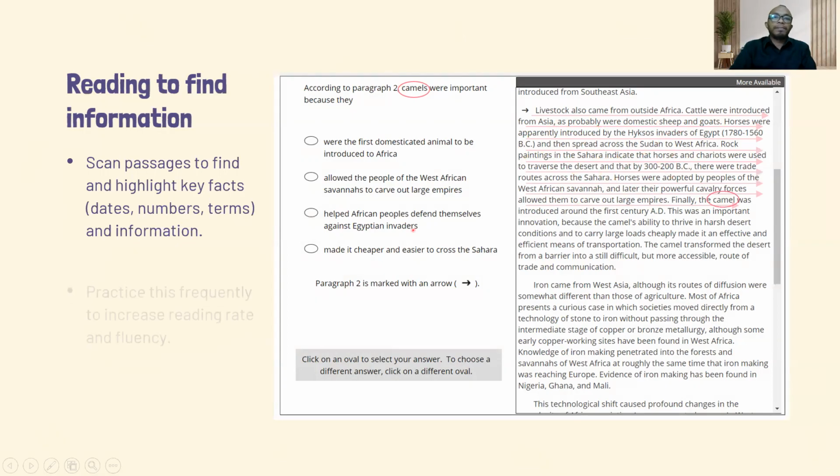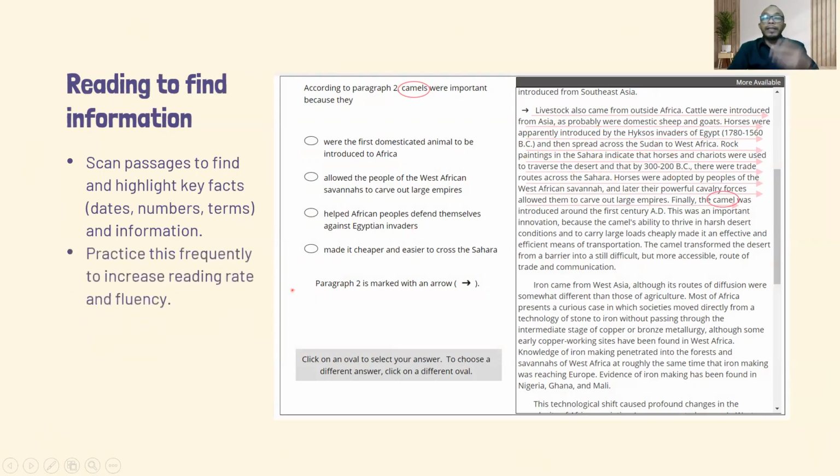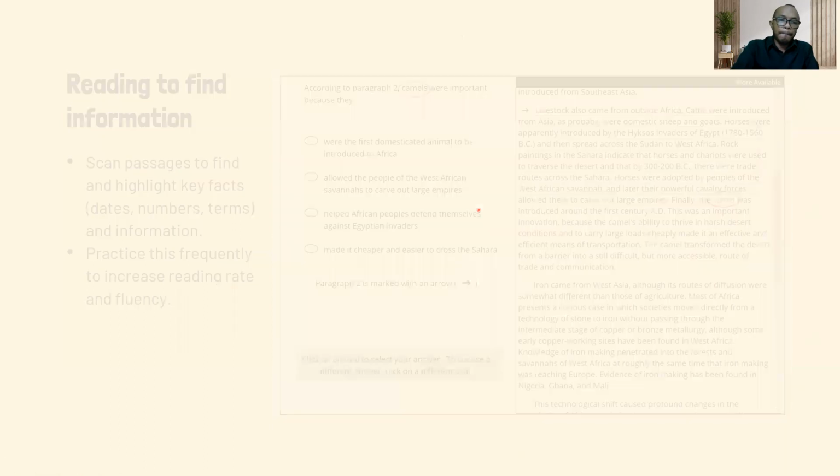All right. You need to practice this frequently so that you can do this at an increased rate and faster and more fluent, so that you can answer the questions also faster.